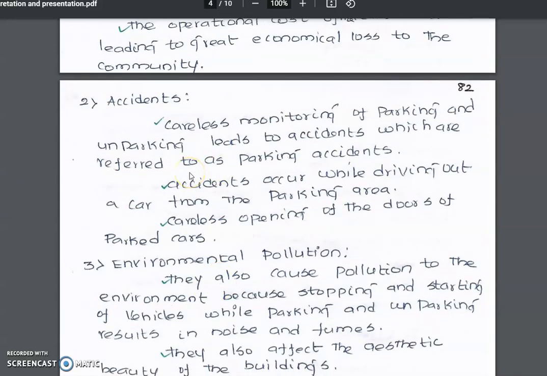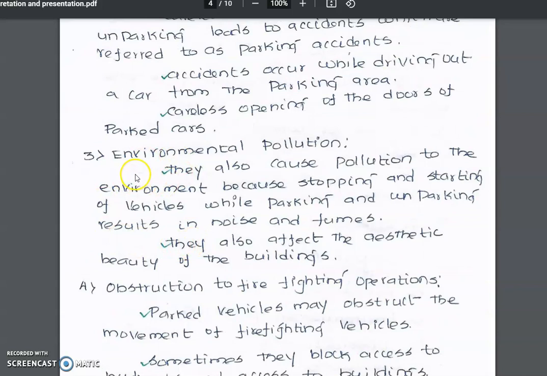Then coming to accidents, careless parking and unparking leads to accidents, which are referred to as parking accidents. Accidents occur while driving a car out of the parking area, and from careless opening of the doors of parked cars. The third one is environmental pollution.